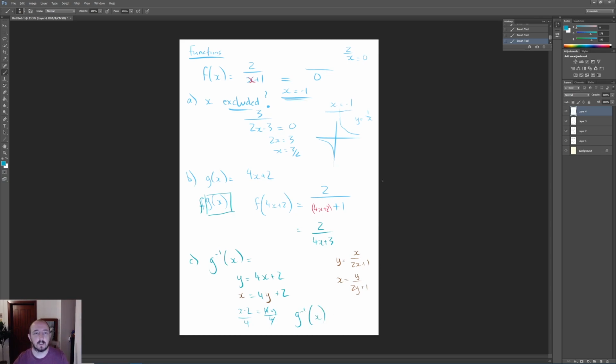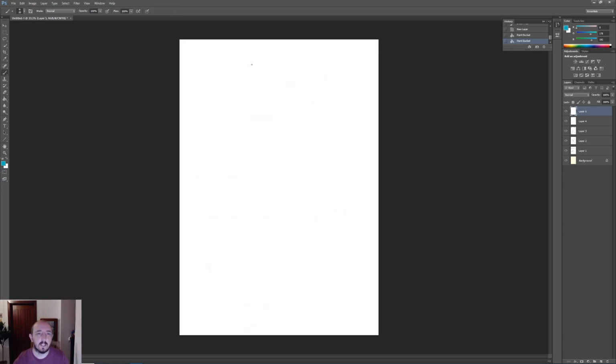What does it mean to be an inverse function? Well, if I have a graph like this, and my original function is something like that, then when I do my inverse, I'm reflecting this in the line y equals x. So let's say this point here is 0, 4, then the x becomes the y and the y becomes the x.